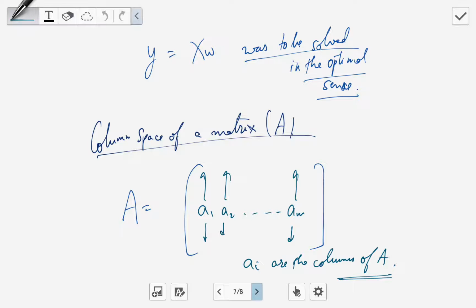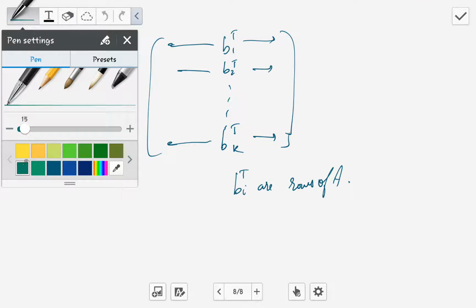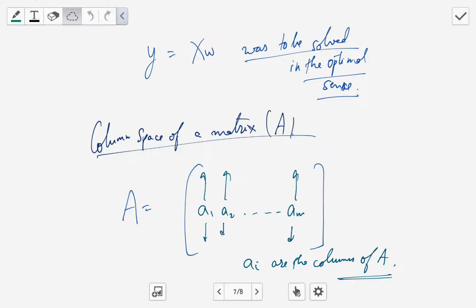Now, the column space of A is, we had this here.